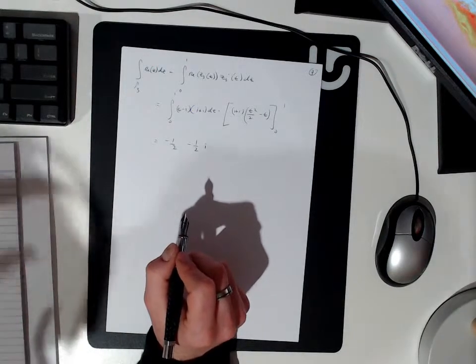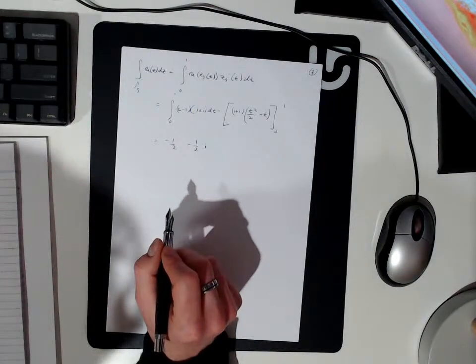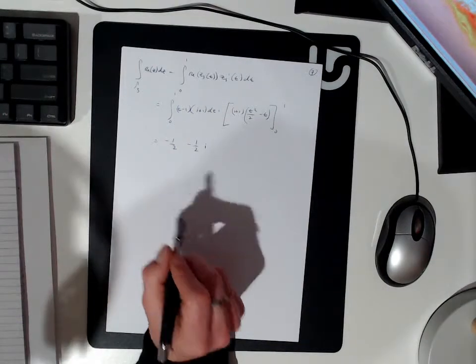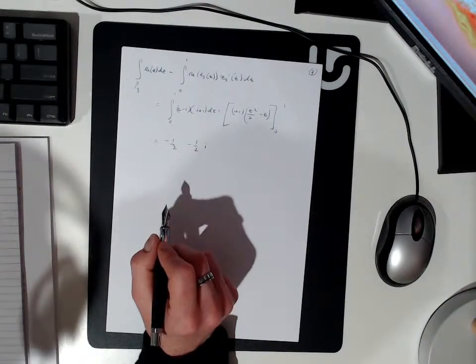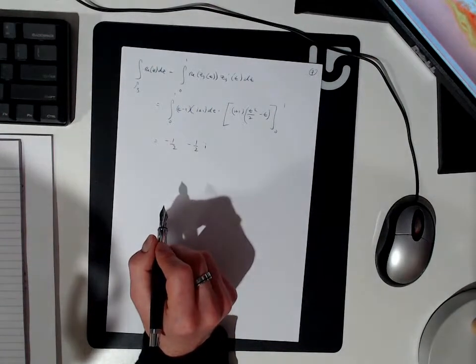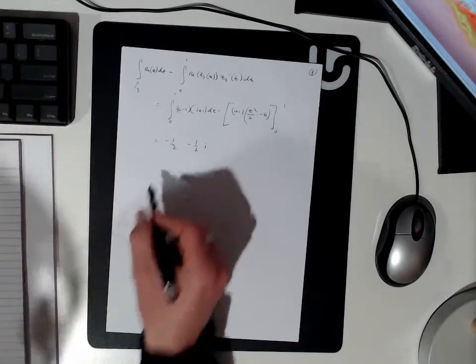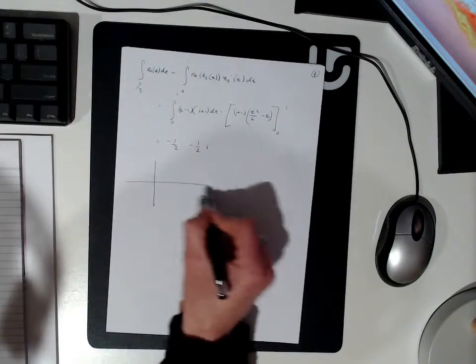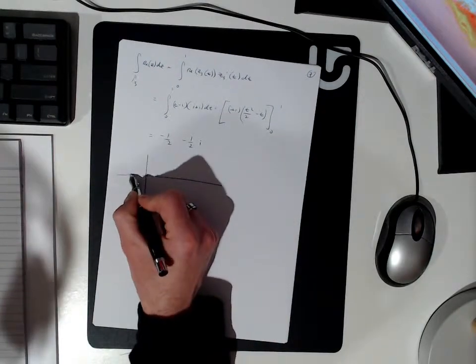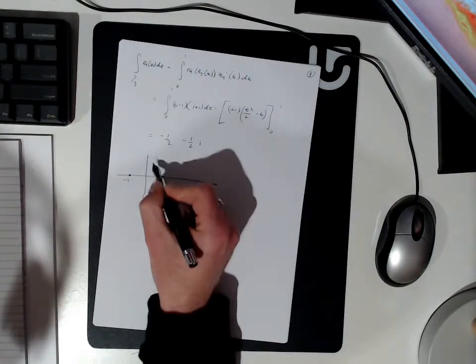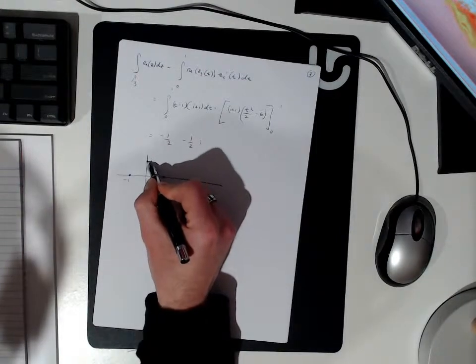Even though we know that the integral of a holomorphic function over a contour is path independent, this demonstrates that the integral of a function on a contour between 2 points might not be contour independent. So what do I mean? Here's minus 1, there's 1, there's i.